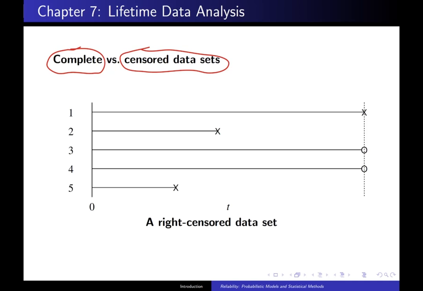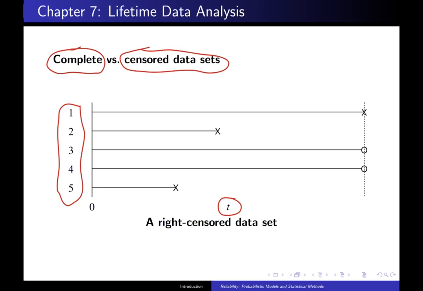The illustration below shows a right-censored data set where time is measured horizontally, and 1 through 5 here represent 5 light bulbs that are placed on test, and the horizontal lines correspond to their lifetimes.